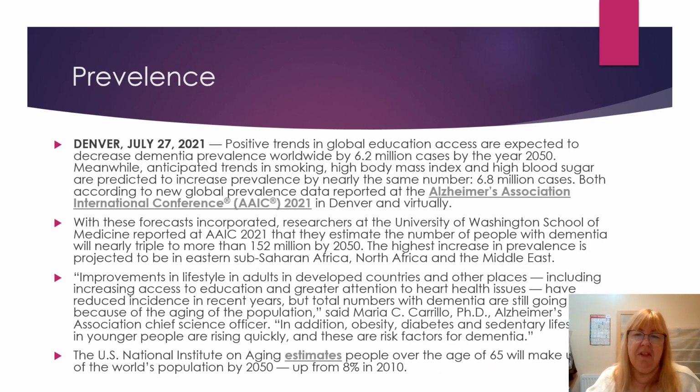Okay, prevalence. A little bit of prevalence here for you. Positive trends. Global education is meaning people are able to keep dementia away to a point.